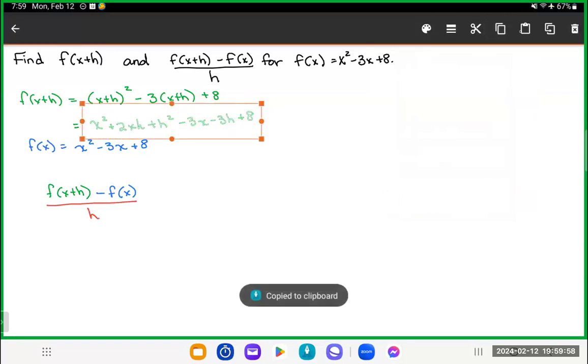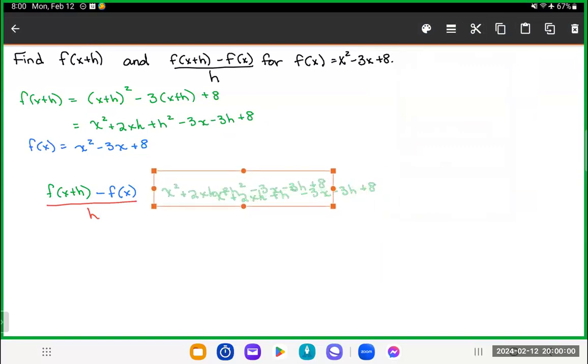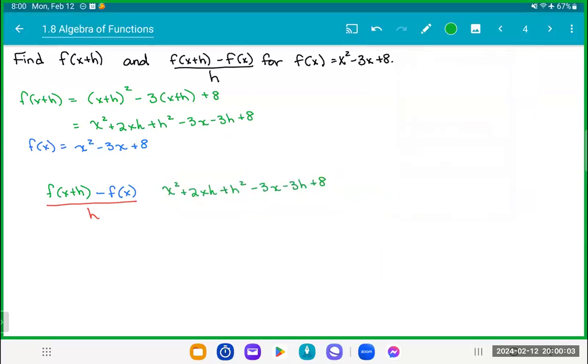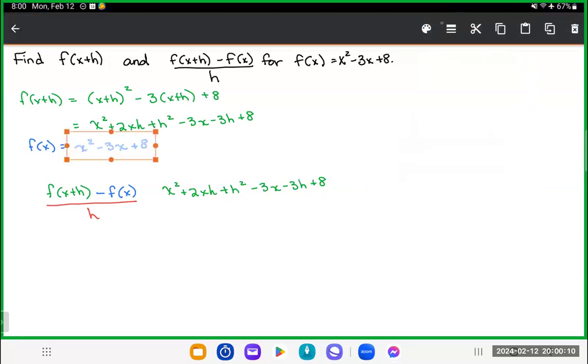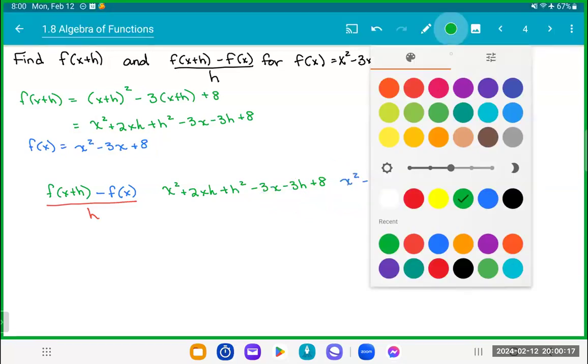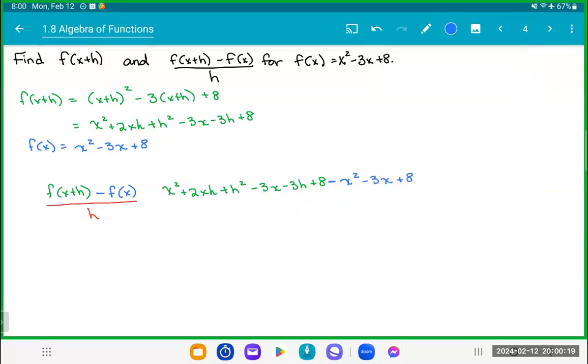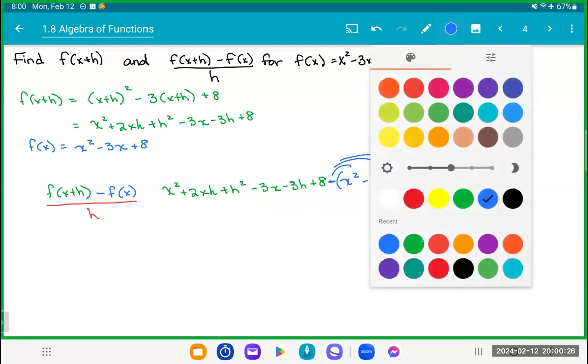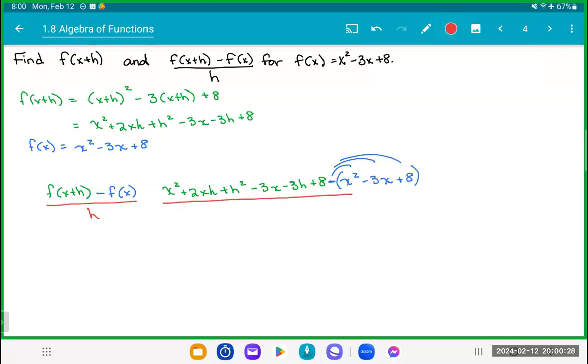We'll copy it. Minus this piece here. We're going to have minus, but it's the whole thing, so that negative has to get distributed to all three pieces. And then all of that divided by our h.